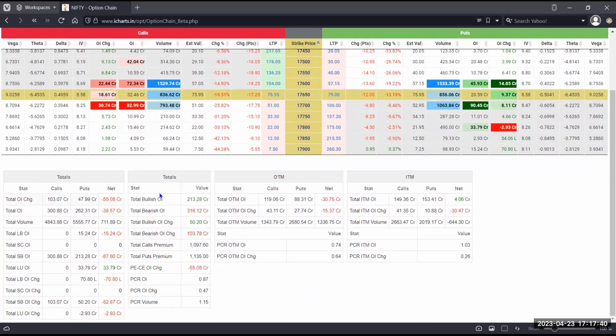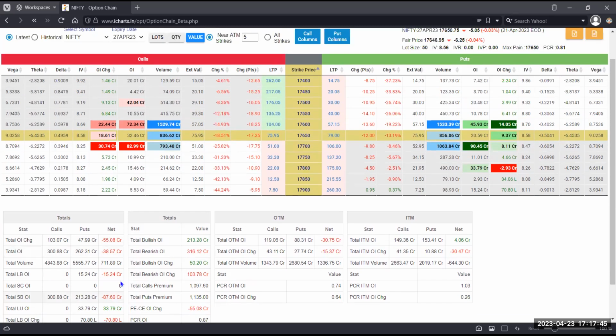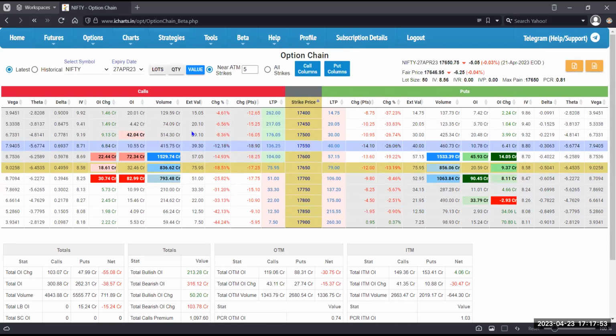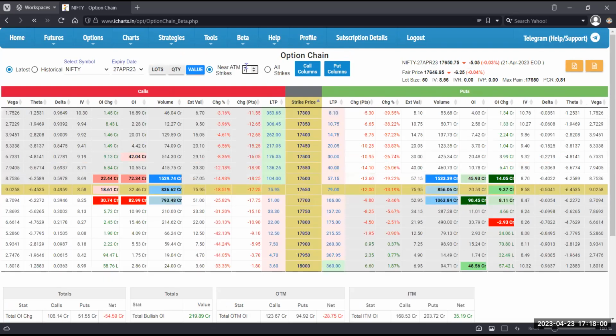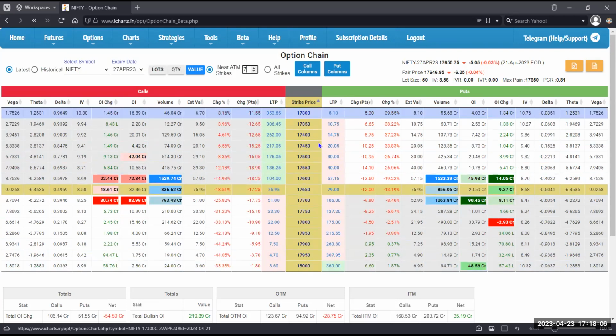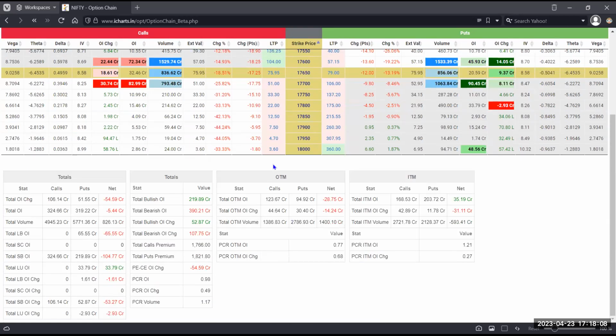Now basically total OI change. One most important thing is that all these values over here are based on these selected strikes only. तो आपने जो यहाँ पे जितने स्ट्राइक्स सेलेक्ट किए हैं, अब मैंने 7 स्ट्राइक सेलेक्ट किए हैं, तो ये 7 ऊपर 7 नीचे, इन सारे स्ट्राइक्स का ही डेटा यहाँ पे आता है, यहाँ पे टोटल्स जो भी है, यानी कि आप कॉल्स का टोटल ओआई चेंज यहाँ पे दिखा रहा है ये.